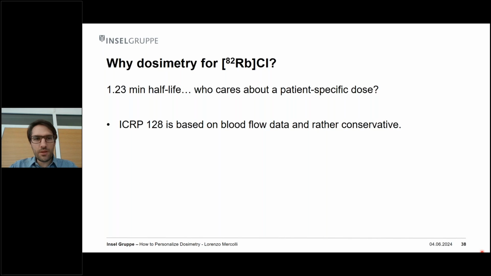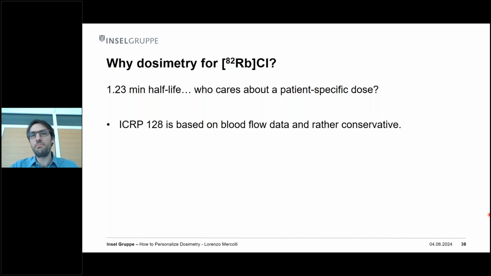If we go back again, first step, ICRP 128, we see that the dose estimate there is mostly based on blood flow data, which means they know the blood flow in our heart, and this was used as a surrogate quantity for the distribution of the rubidium. Is this good?